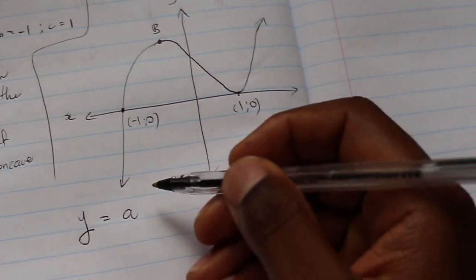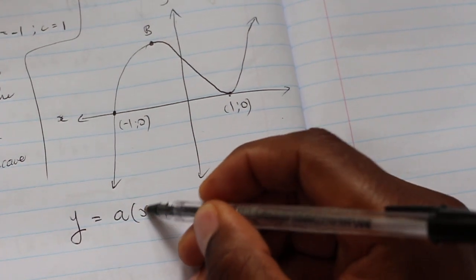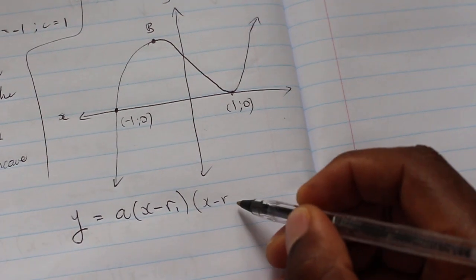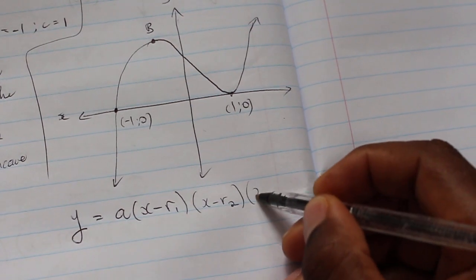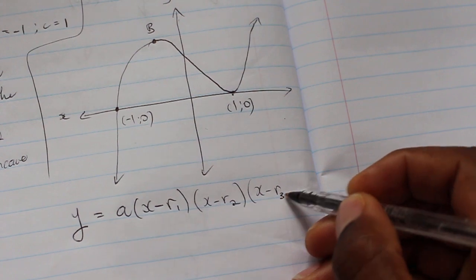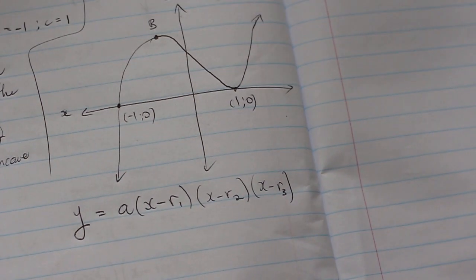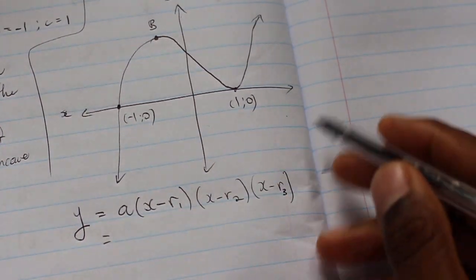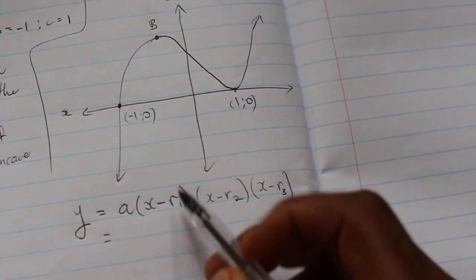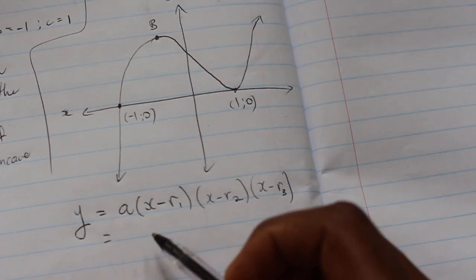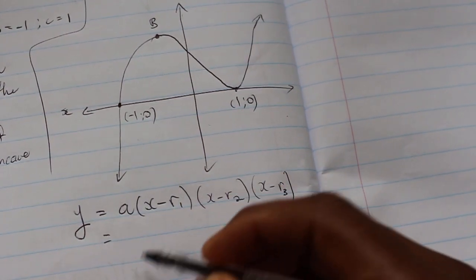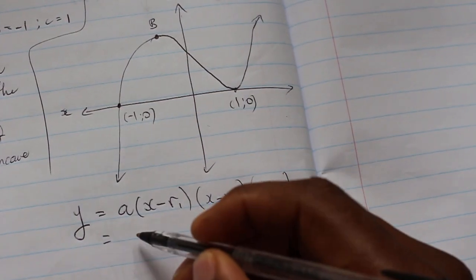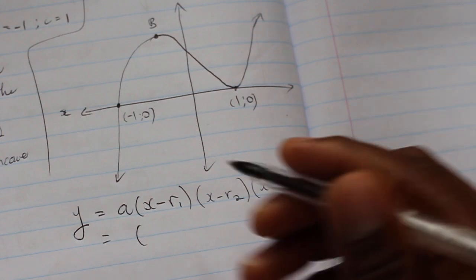So a times (x minus root 1), (x minus root 2), and (x minus root 3). Super easy to find the equation when you already have the three roots. The coefficient of x cubed is 1, so in place of a, it's 1. So 1 times the whole thing, we're just left with the whole thing.